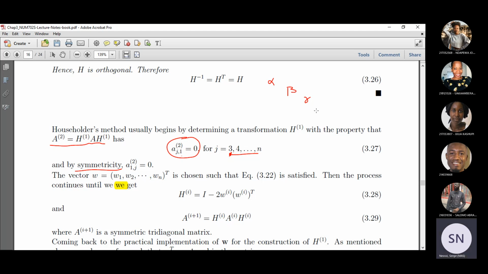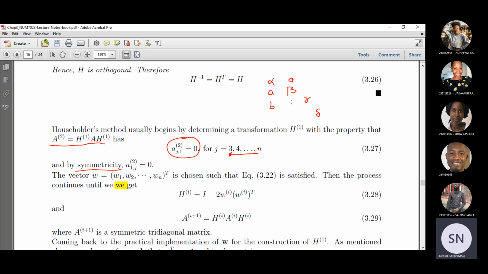Because it's symmetric, if this entry is A, we also have A here.